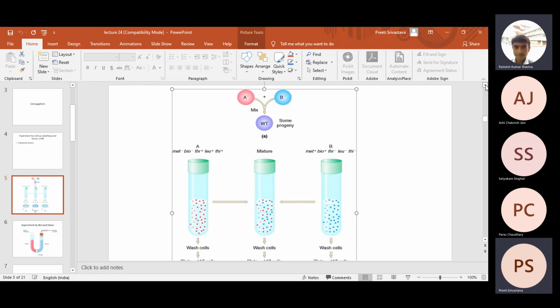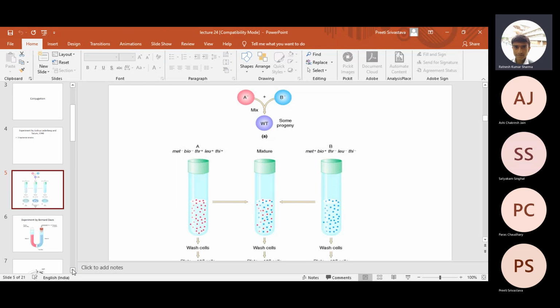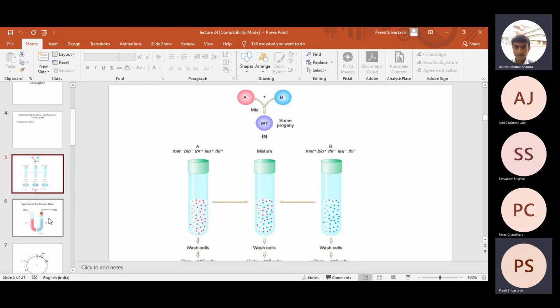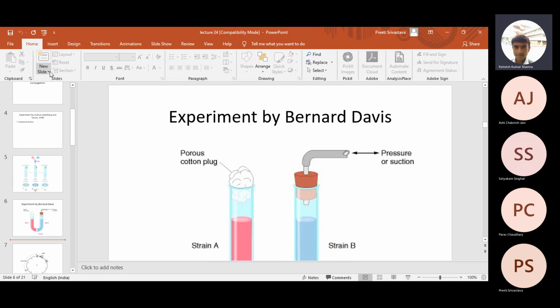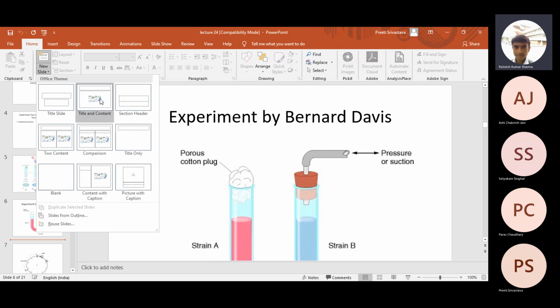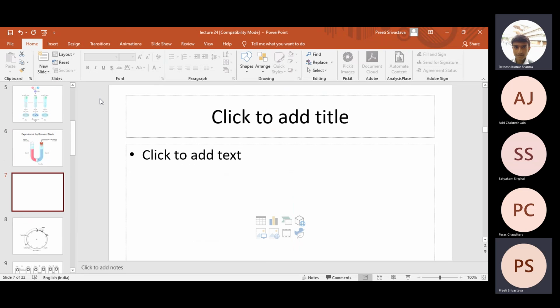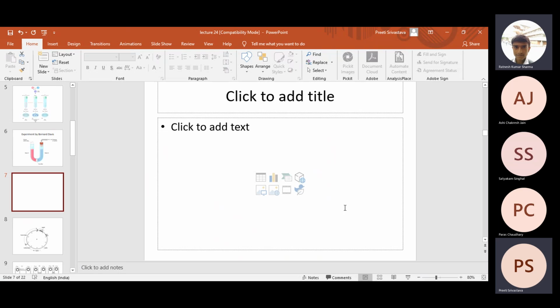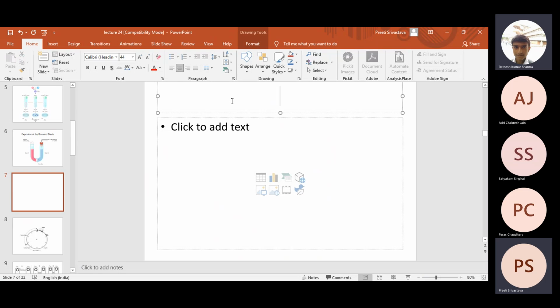Yes, ma'am. In the case of conjugation, there is one cell which has a specific plasmid known as F plasmid, and the cell which has the F plasmid is able to form something called a pili, and that pili is the way by which a cell can transfer DNA into another cell.